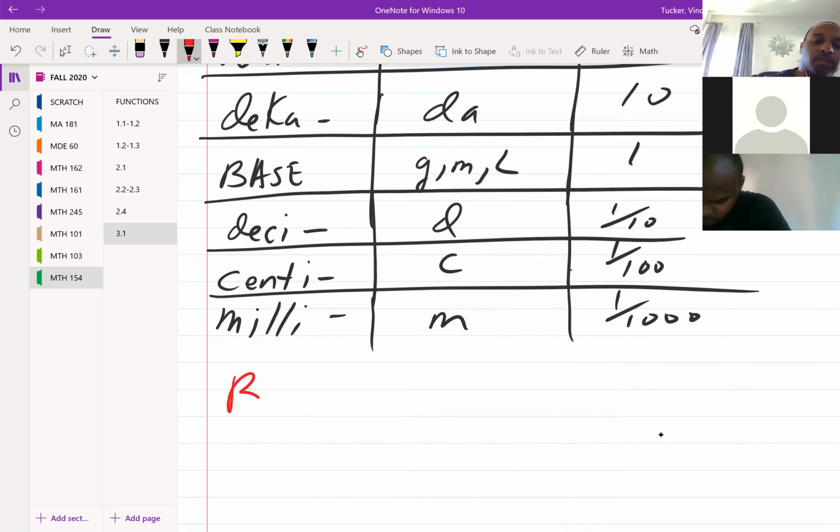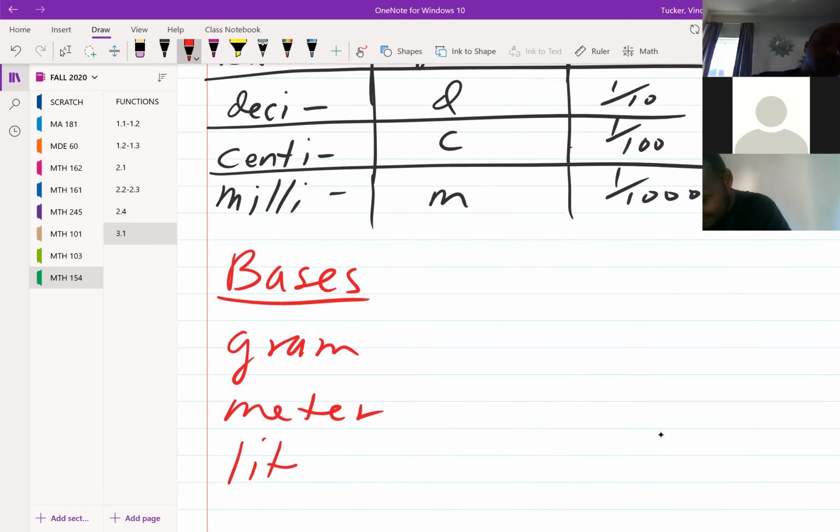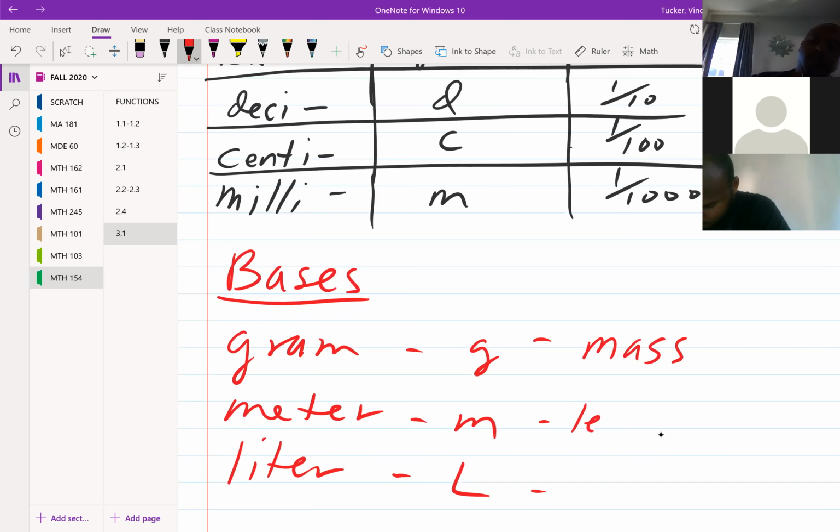So bases. Got your gram, meter, liter, GML: mass, length, and volume. So mass or weight, your length, and then volume.